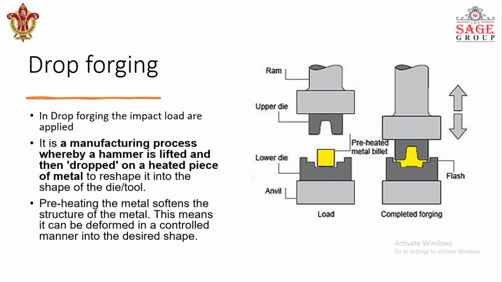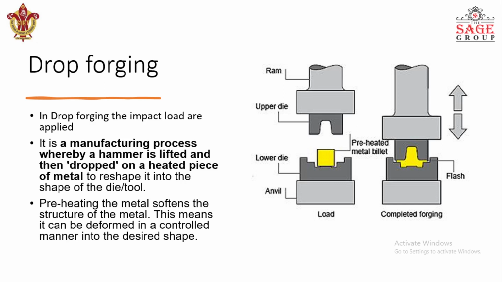The next and last point regarding drop forging is, preheating the metal softens the structure of the metal. As we heat it, the ductility of the material will increase due to softening at higher temperature. That means it can be deformed in a controlled manner into the desired shape of the final product.